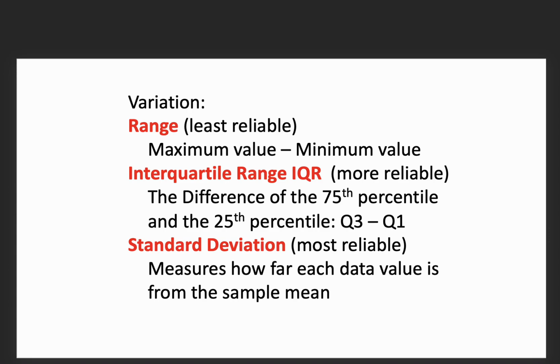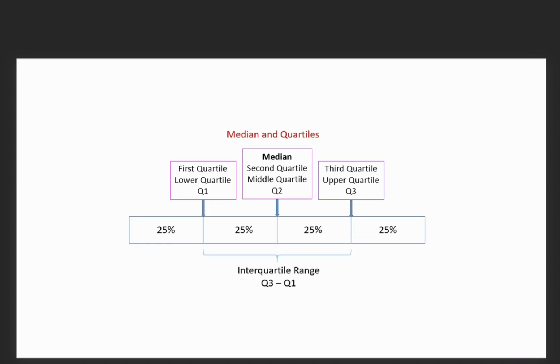So let's go back to the interquartile range. For a better understanding visually of what the interquartile does, you order it from smallest to largest. The first quartile measures the point at which 25% of the data is below that value.